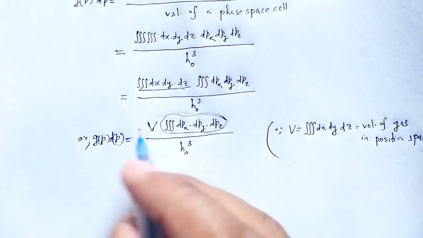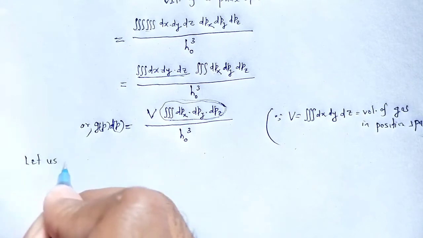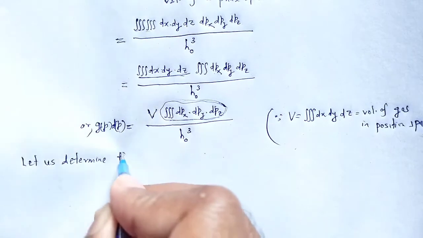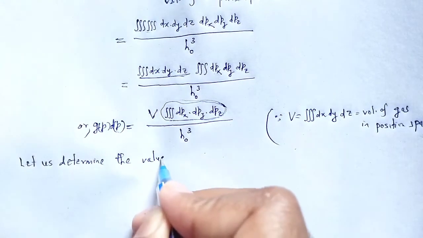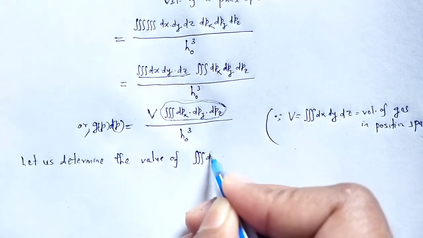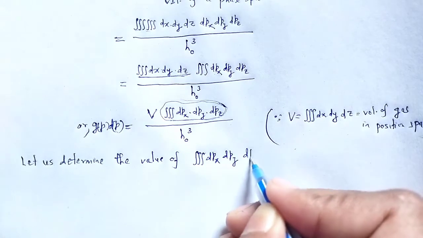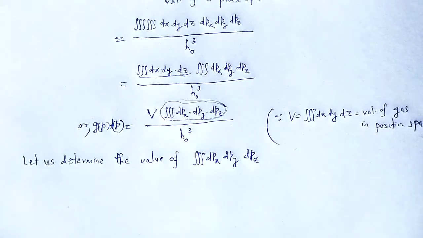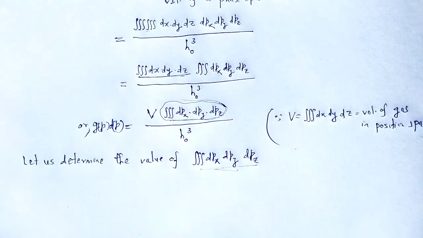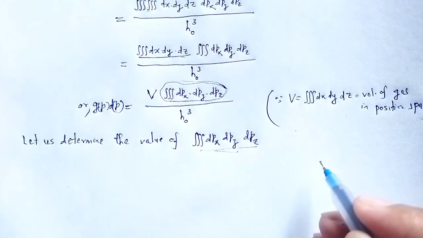Let us determine the value of that momentum integral, dpx, dpy and dpz. How do we calculate these three? To calculate that, we assume three mutually perpendicular axes.